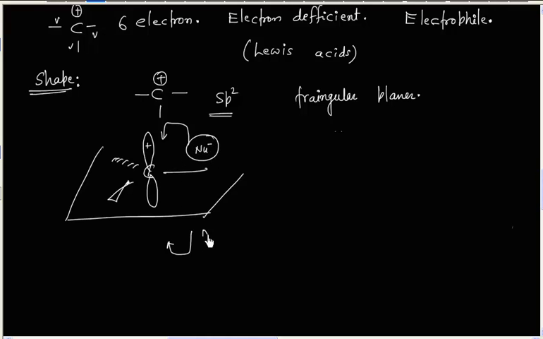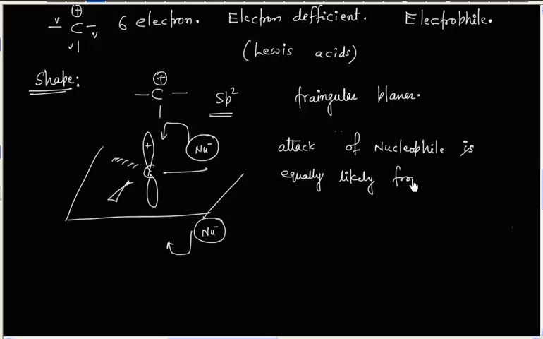So the attack of the nucleophile is equally likely from the top and bottom face. This angle is 120 degrees. So these three angles are 120 degrees.